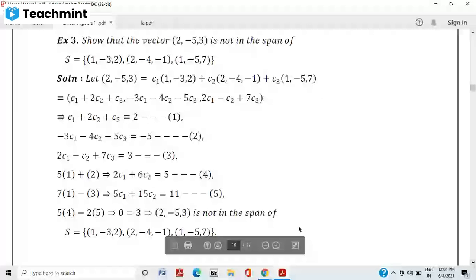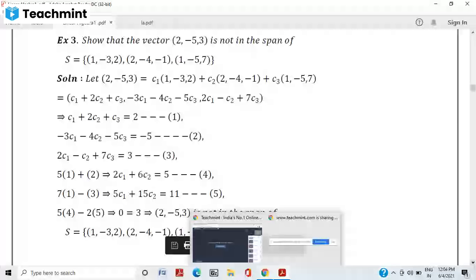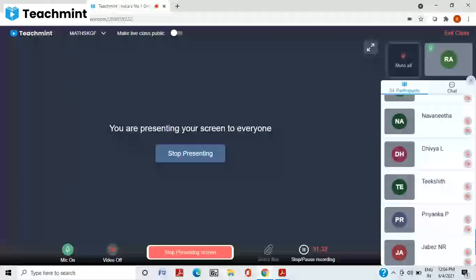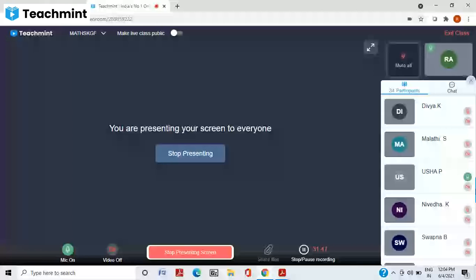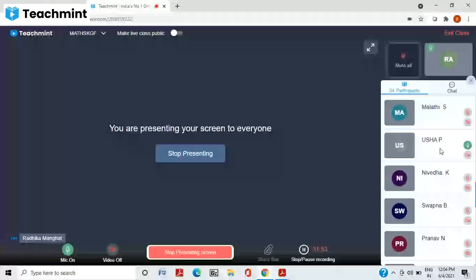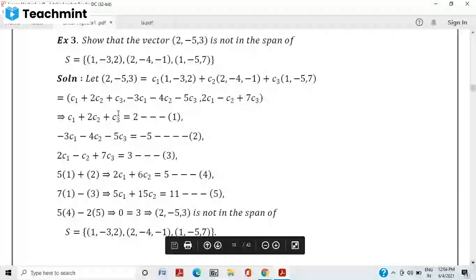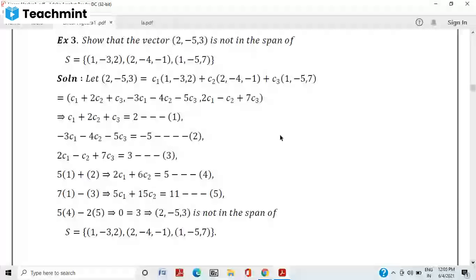Usha, unmute yourself and tell me what you get. Just add it only. How do you add that and how do you get those equations? Divya, tell me what you get.